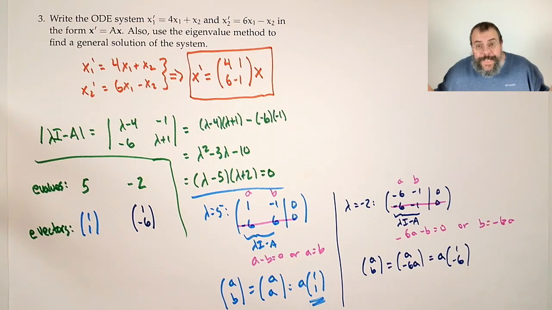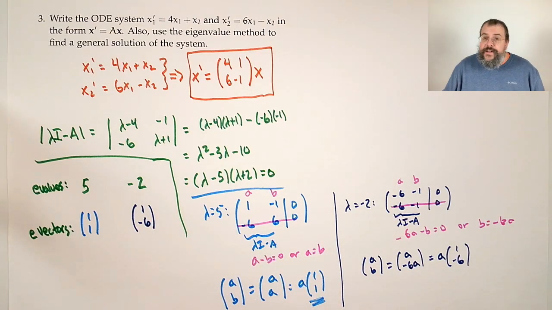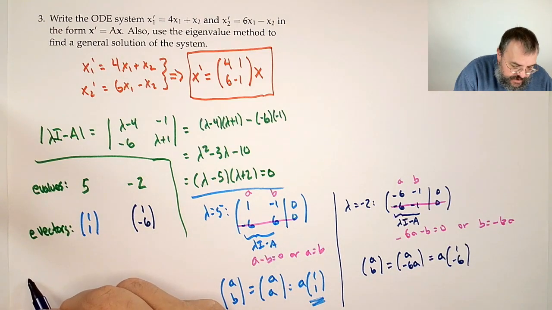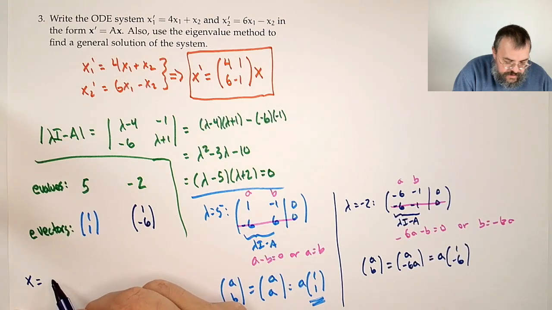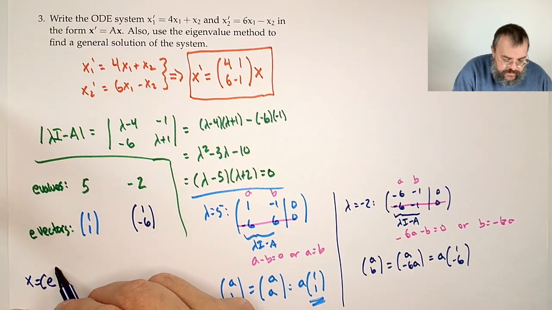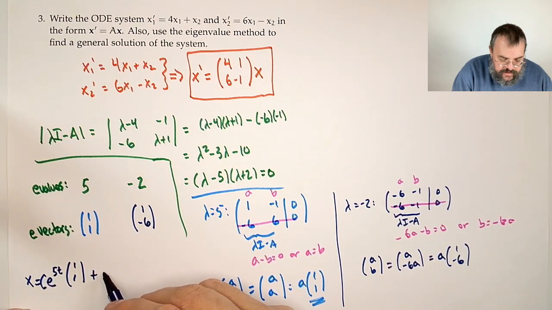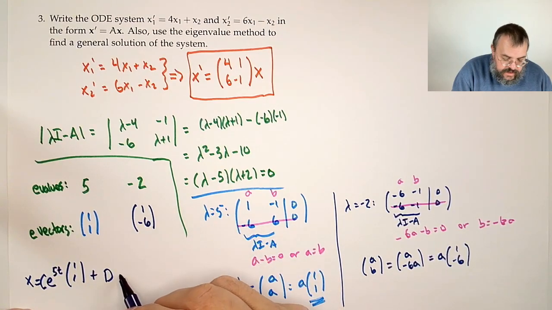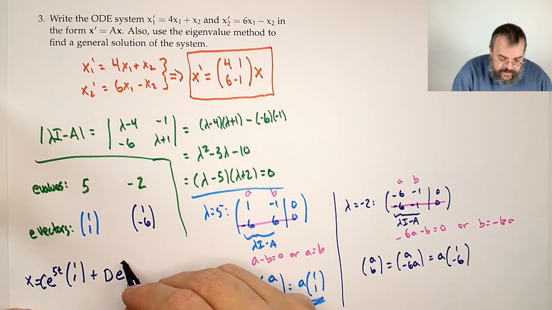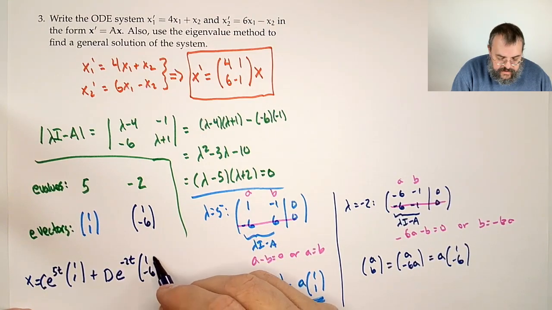So what does all this mean? Well, once you have the eigenvalue and you have the eigenvector, then you can say your general solution looks like x equals some constant c, times e to the eigenvalue t, times the eigenvector, plus some other constant d, times e to the eigenvalue, so minus 2t, times the eigenvector.